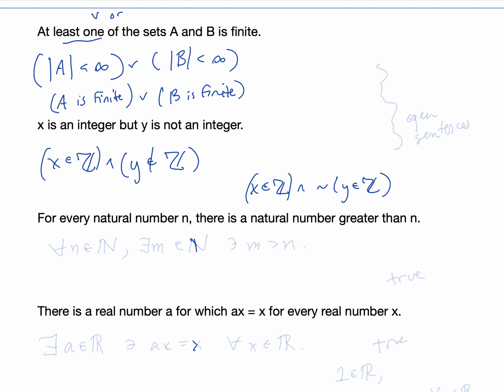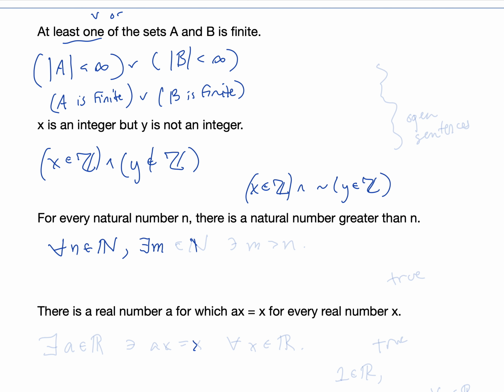Next, for every natural number n, there is a natural number greater than n. For every n in the natural numbers, there exists some other natural number greater than n. So here, while no other variable is included in the statement above, we sort of need to make up some other variable, some other natural number m to compare to n.